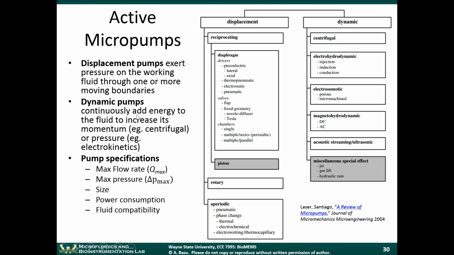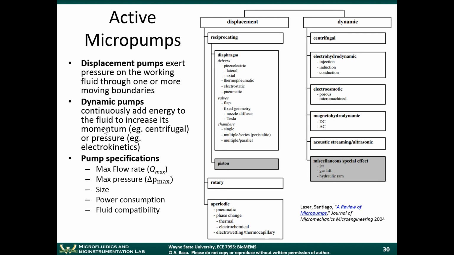The other type of pump is a dynamic pump. It continuously adds energy to the fluid by increasing its momentum. So examples of this would include centrifugal pumps. Centrifugal pumps are kind of a cool way of pumping liquids where you put, let's say you have a CD, a spinning disc, okay? And you put fluid in the middle of the CD. What happens?